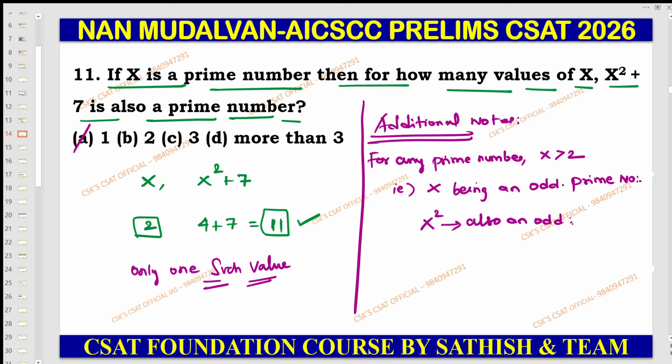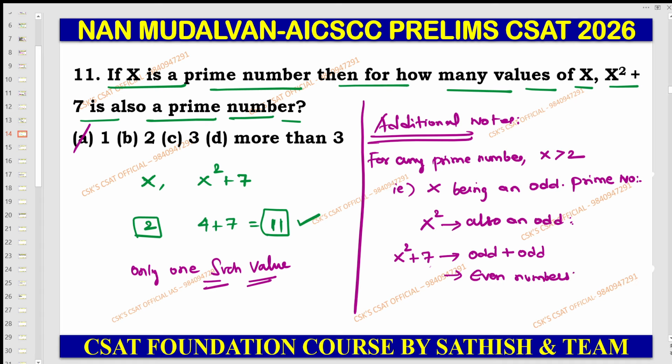Right, after knowing this, what is x square plus 7? So here, if you are taking x square as odd, then again 7 is odd. What is odd plus odd? Odd plus odd, you will be getting an even number only.